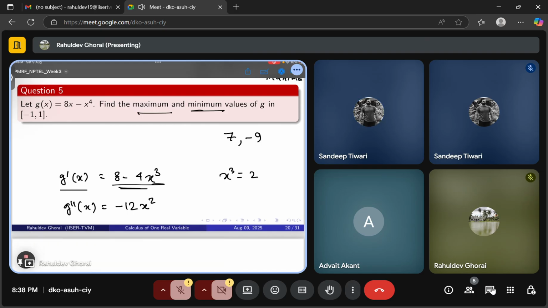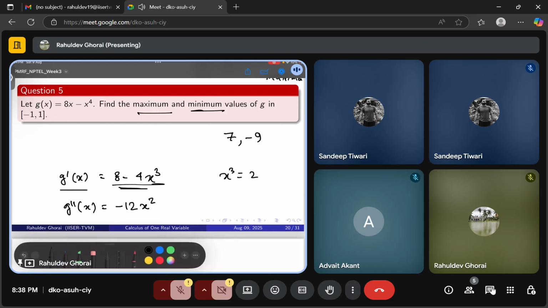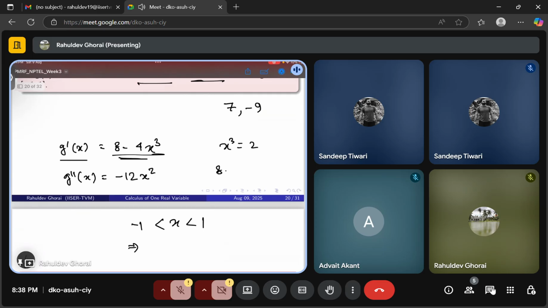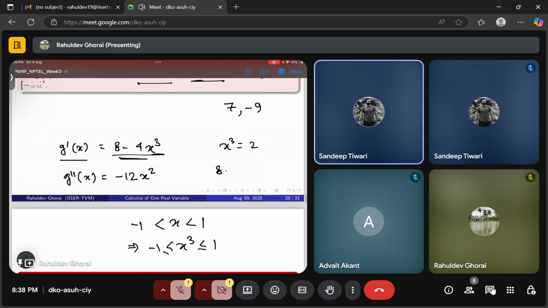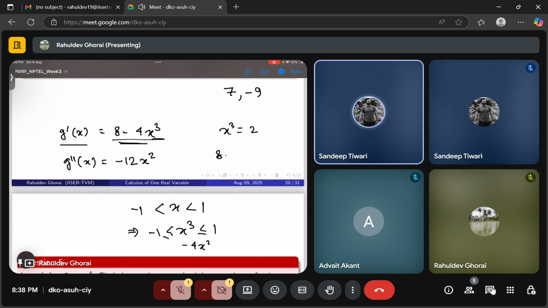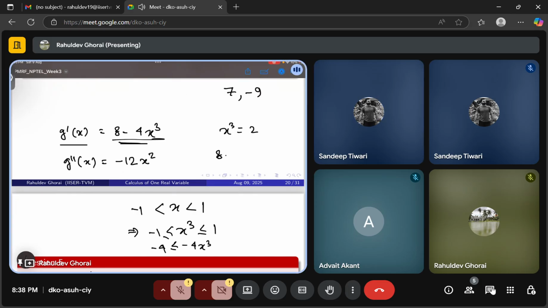Okay, understand. So this 8 minus 4x cube. So x is between 1 and minus 1, right? This question setup was wrong from my side. Anyway, x cube will be from 1 to minus 1, and you have minus 4. So minus 4x cube will be greater than or equal to minus 4 and less than or equal to 4, and you add 8, so it will be 4 less than or equal to 8 minus 4x cube less than or equal to 12.